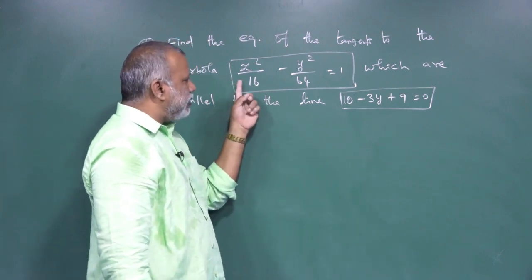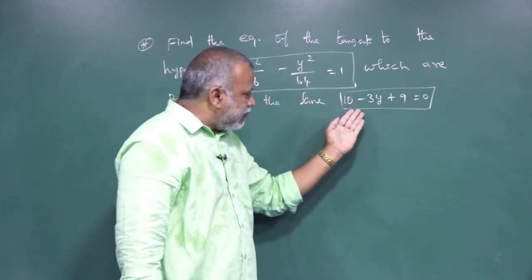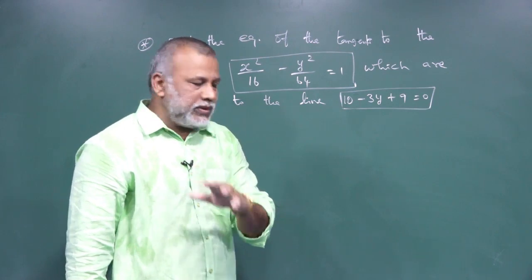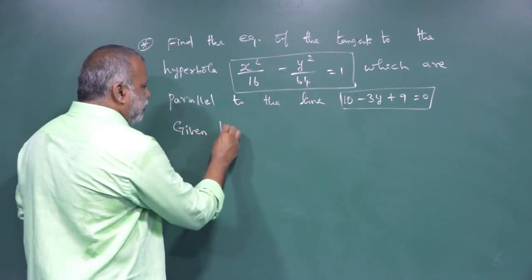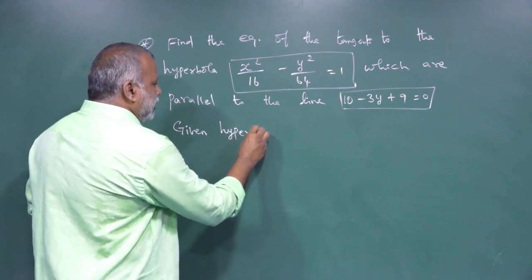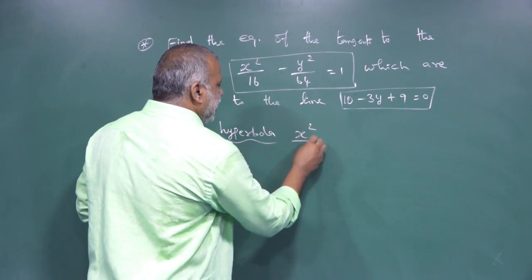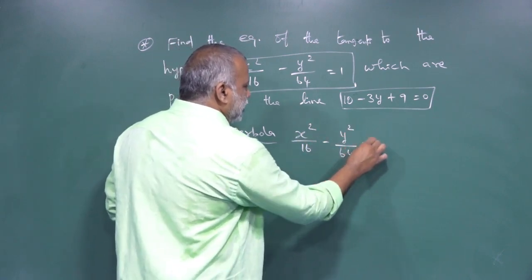So from the given hyperbola, we are able to work out a squared and b squared, and from the line we are able to work out the value of m. Just to recall, what is the equation of the given hyperbola? x squared by 16 minus y squared by 64 equal to 1.